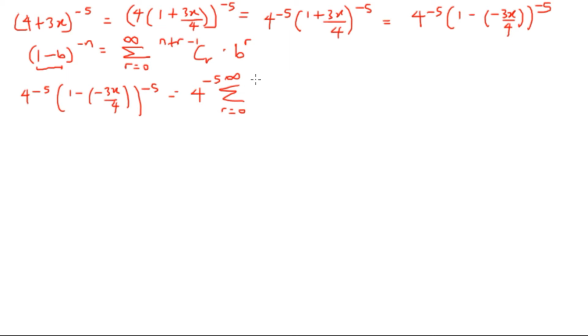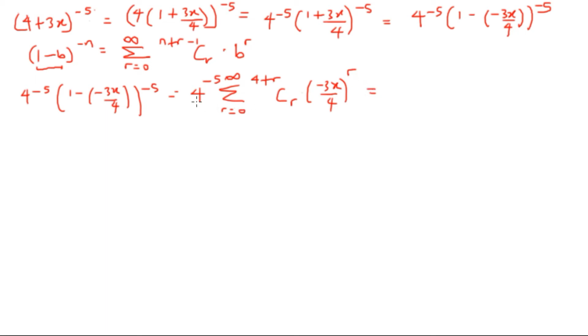In this question my n is 5. So that's 5 plus r minus 1, that's of course 4 plus r combination r. And then b raised to power r, and my b is minus 3x upon 4, raised to power r.